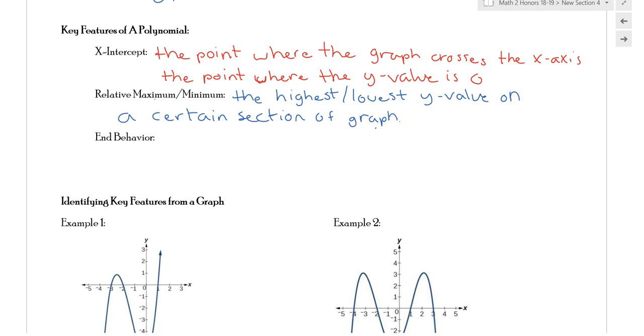We say a certain section of graph because we limit it in a way. Absolute maximum and minimum, which we're not really ever going to talk about, is the highest or lowest over the whole graph. Relative max or mins are just compared with the surrounding points. If you have a maximum, you'll see something that looks like a hill. If you have a min, you'll see something that looks like a valley. It'll be the point at the bottom.